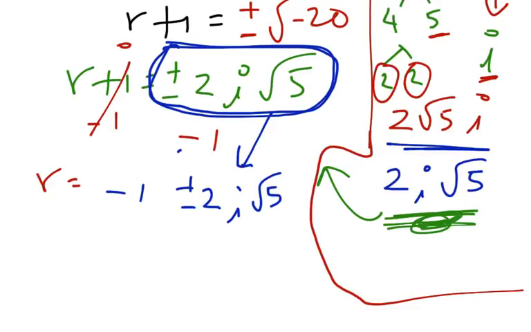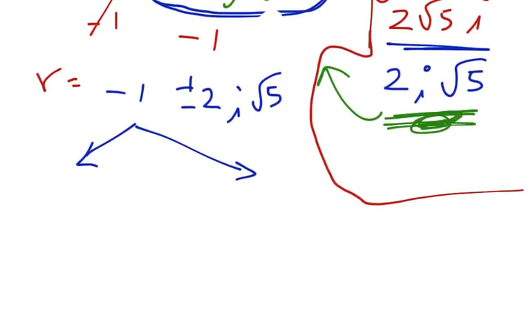Now, we are ready to write the two answers. One with the plus, the other one with the minus. So, first answer, r equals negative 1 stays the same. I'm going to use the plus 2i square root of 5.